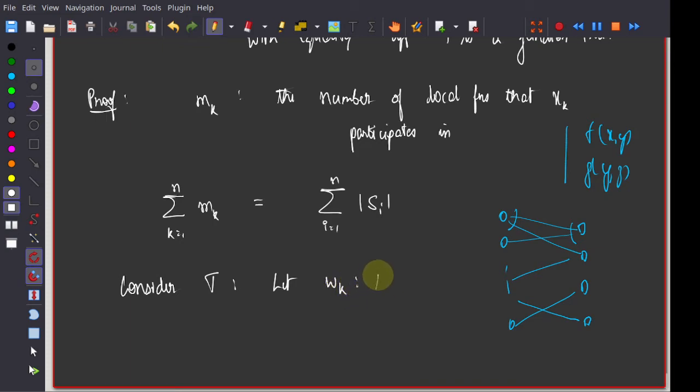So wk is the number of edges in T that contain xk.